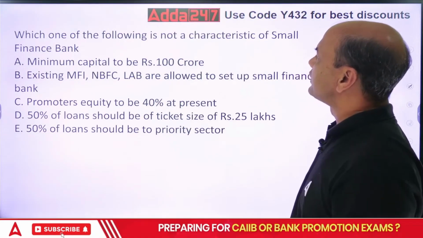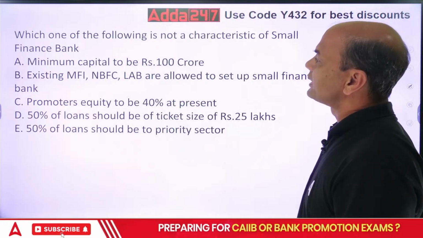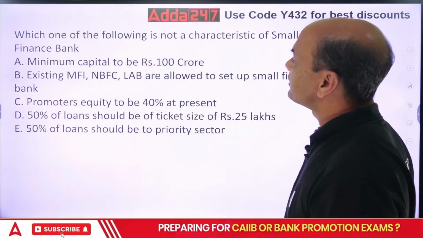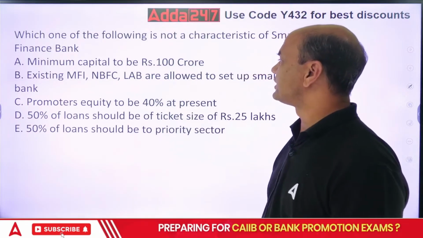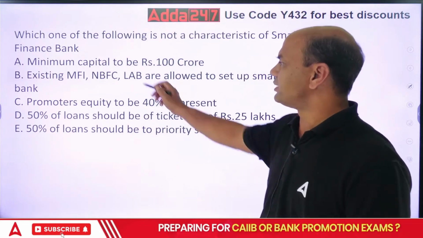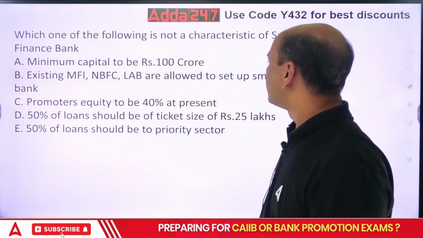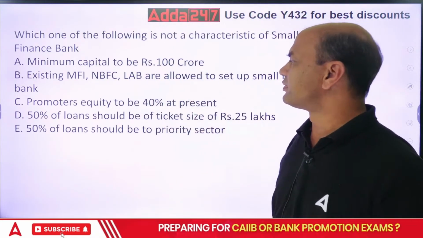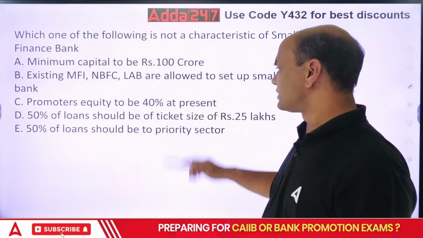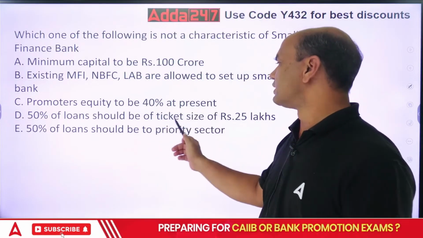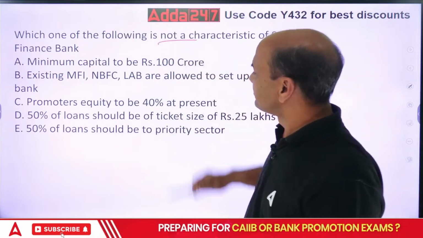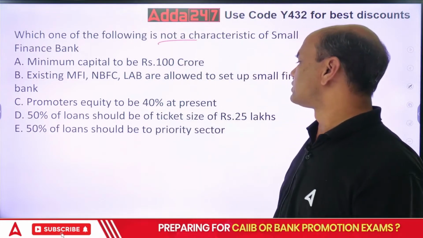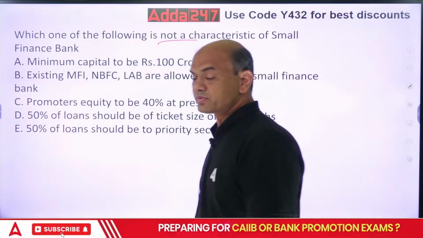Which one of the following is not characteristic of small finance bank? Minimum paid up capital is to be 100 crores. Existing MFI, NBFC, LAB, local area bank, are allowed to set up small finance bank. Promoter's equity to be 40%. 50% of the loan should be of ticket size of 25 lakhs. 50% of the loan should be to priority sector. Now, which one is not correct?